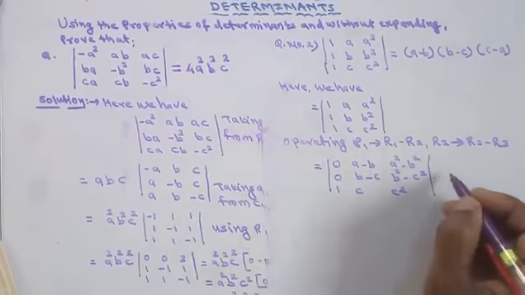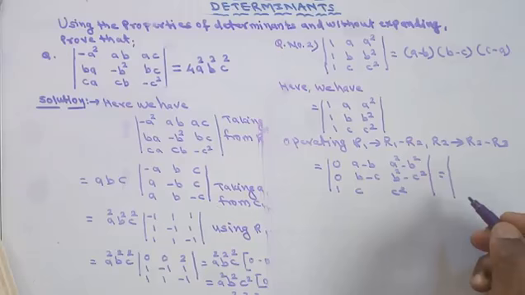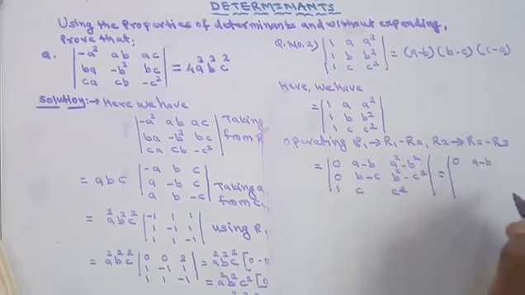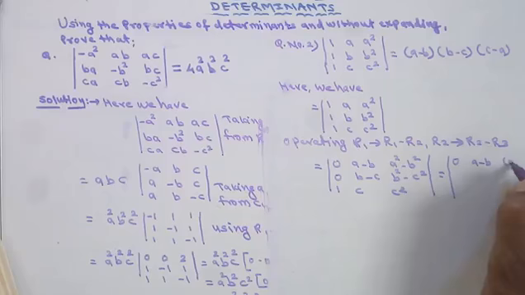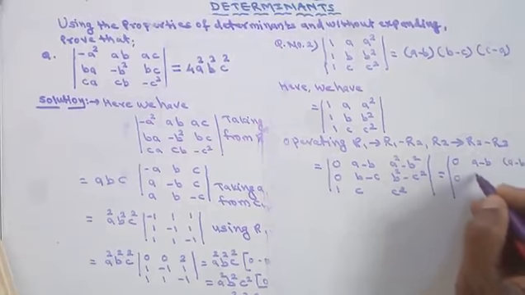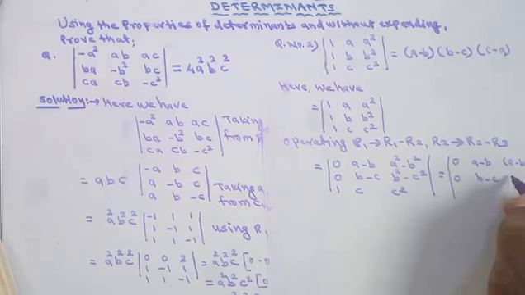Now this equals 0, a minus b, and taking the factors of a square minus b square, that is a minus b into a plus b. Here also 0, b minus c, then b minus c into b plus c, and 1, c, c square.